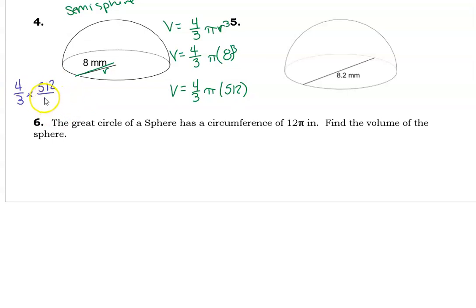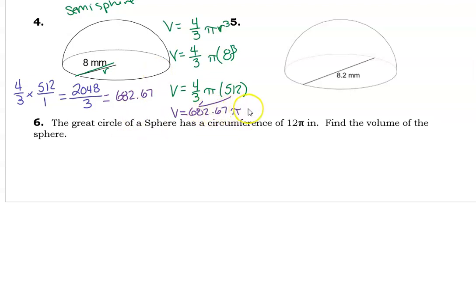I'm going to put 512 over 1 so I can multiply across. When I do that, I get 2,048 over 3, and that put as a decimal is 682.67, around there. So now my volume, I multiplied these two together, 682.67, and then put a pi on the end.